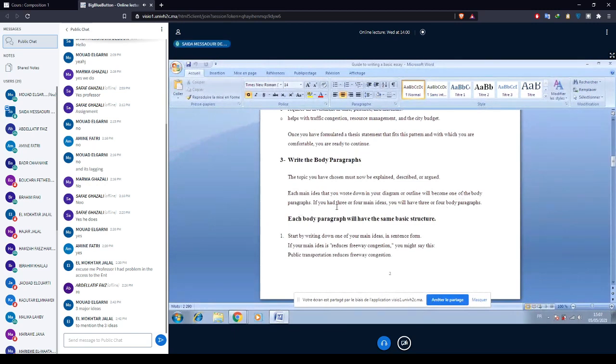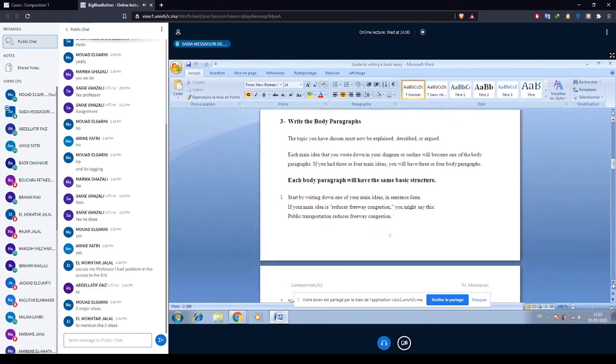If you have 3 main ideas, obligatory, you're going to have 3 body paragraphs. If you have 4, you're going to have 4 body paragraphs. Once again, in the exam, you're not going to use 4, you're going to use only 3.